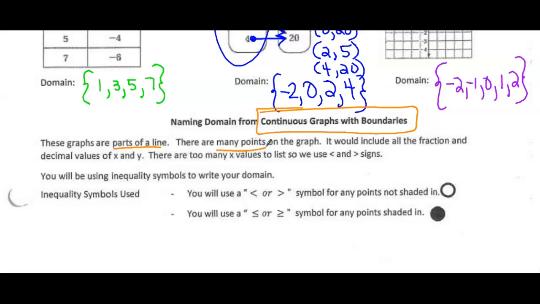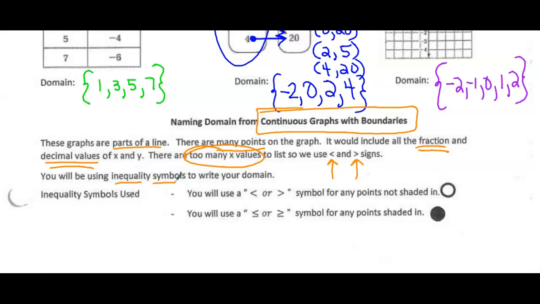It also includes all fractions and decimal values of x and y. And because there are too many x values to list, you guys are going to use inequality symbols. Now, we didn't do any inequalities this year, but in algebra, they're very important. So you'll be using inequality symbols to write your domain.